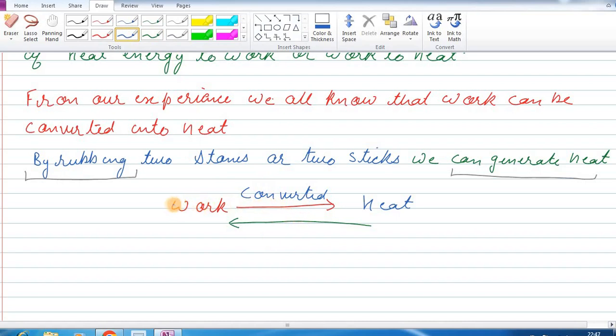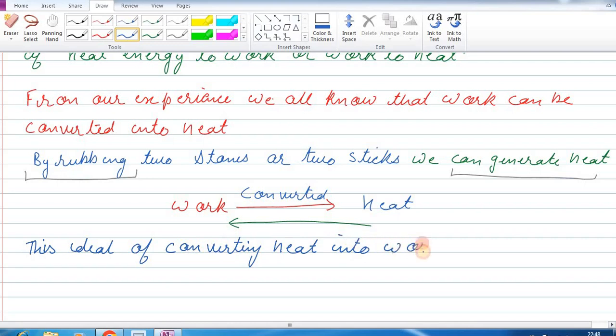This idea of converting heat into work gave rise to the birth of this new branch of science called thermodynamics.